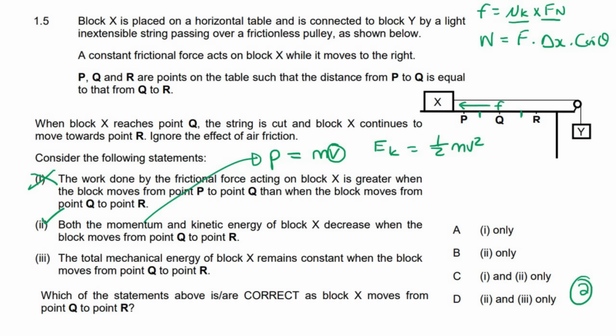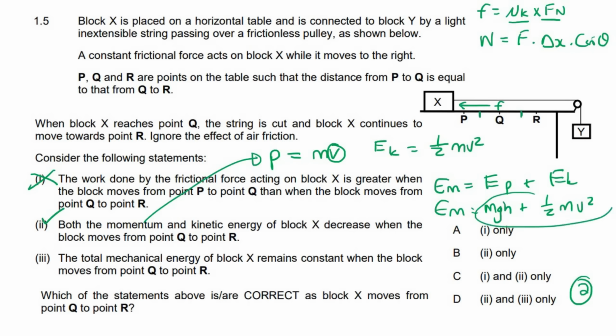And I'll show you that mechanical energy is potential energy plus kinetic, and potential is mgh, kinetic is a half mv squared. So if you compare the mechanical energy here, you would use this formula, and if you had to compare the mechanical energy here, you would also use this formula.